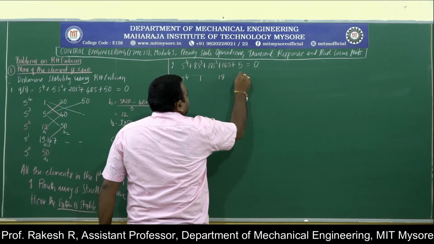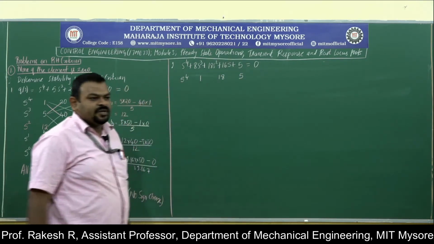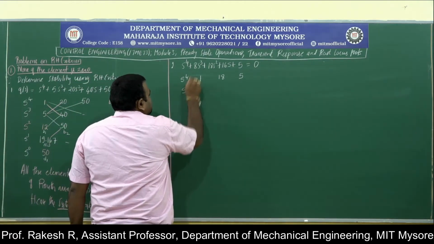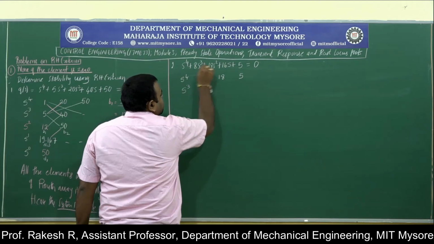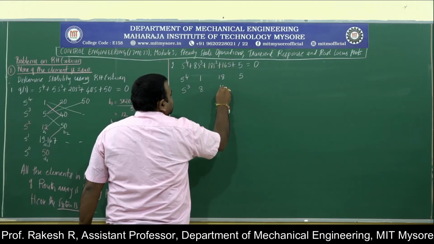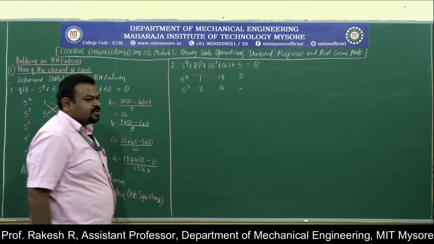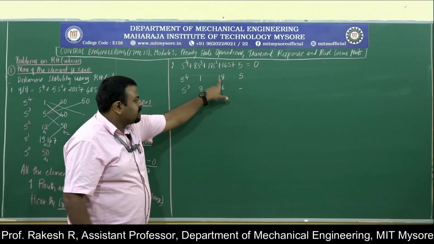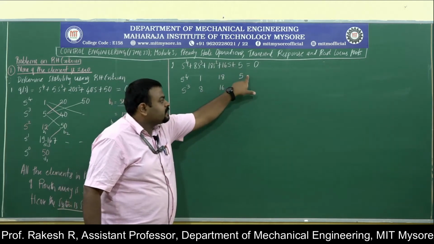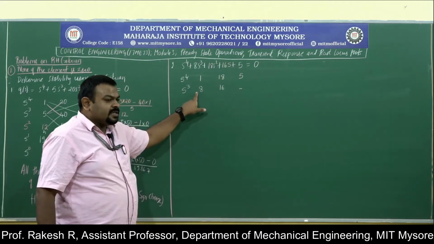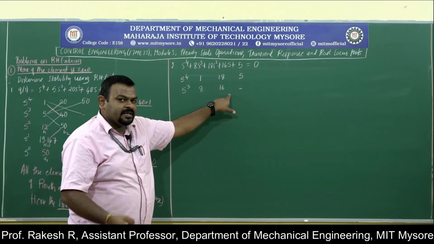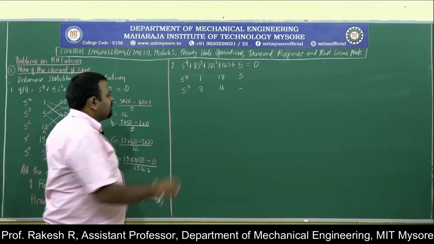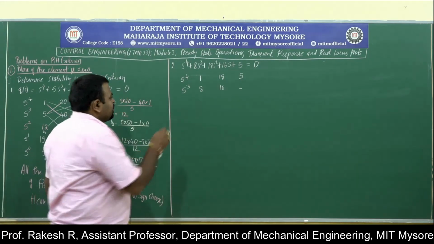The next is s to the power of 0, the coefficient is 5. Then the s cube coefficient is 8. Then the s to the power of 1 coefficient is 16. Then nothing. So this should be s to the power of 4, next decreasing even power s square, next decreasing even power s0. Here s cube, next decreasing even power s to the power of 1, negative will come, leave that. Then I have to compute.